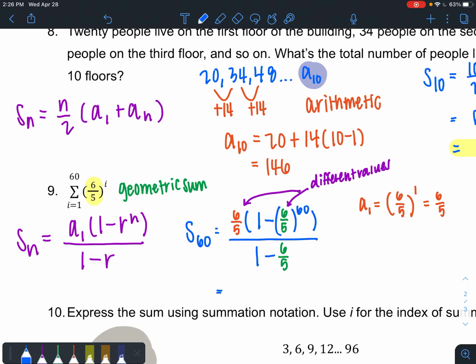So we get 338,079.09, rounding to the nearest hundredth.